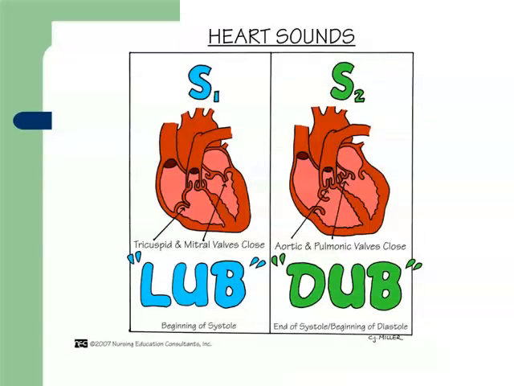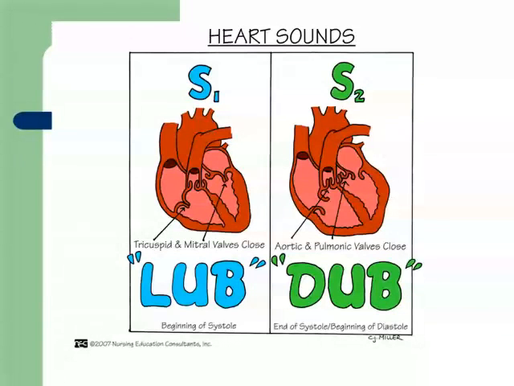So, this is a diagram from the memory book, trying to help you to identify what S1 and S2 are. S1 is closure of your tricuspid and mitral valves. Please remember that when valves open, normally they make no sound whatsoever. It's only when the valves close that they make a sound. So the S1 is lub.